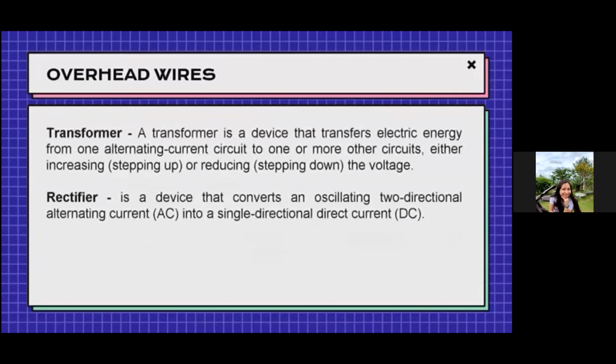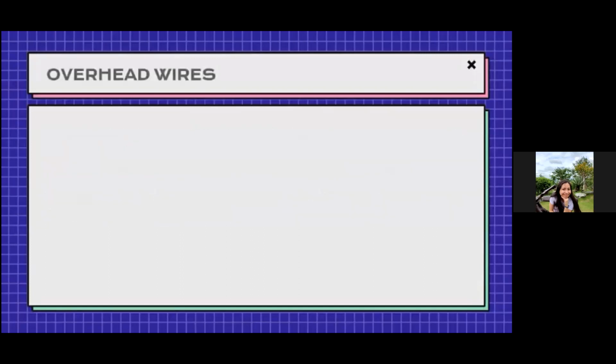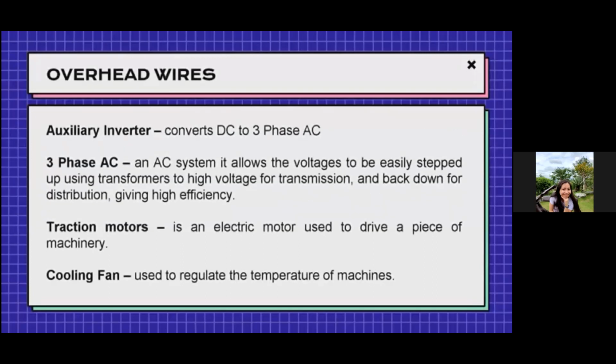Next na step naman ng electric current ay yung transformer. Tapos pupunta naman sa rectifier para ma-convert yung AC papuntang DC. Tapos yung converted na DC, pupunta naman siya sa auxiliary inverter para ma-convert ito sa three-phase AC.